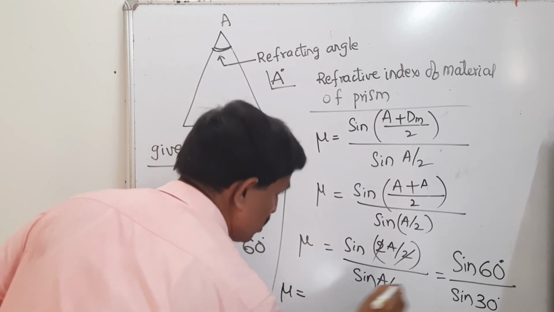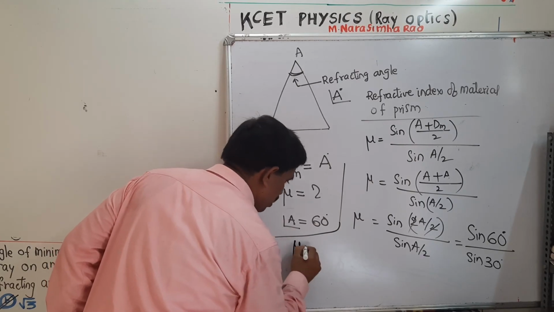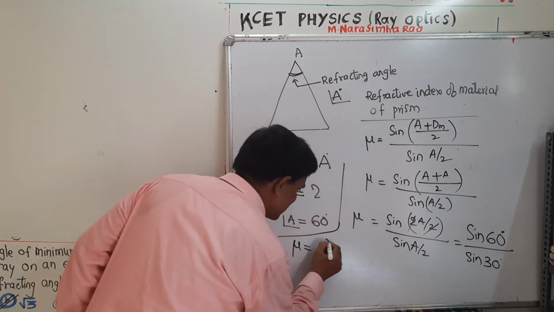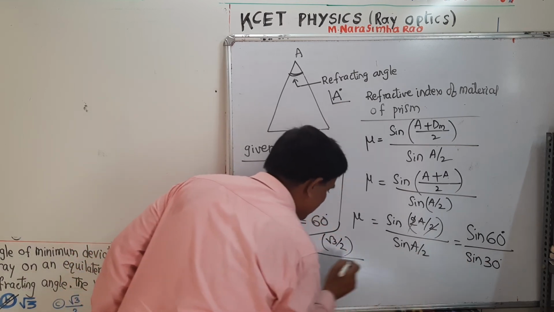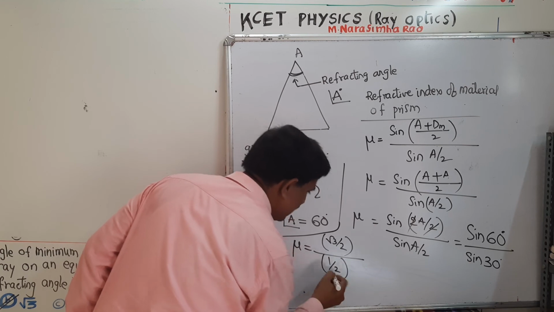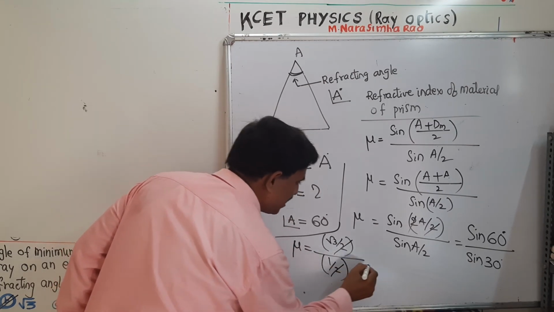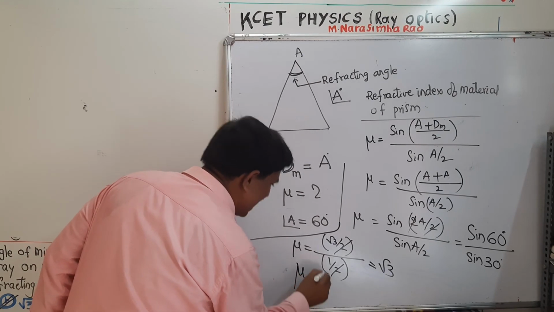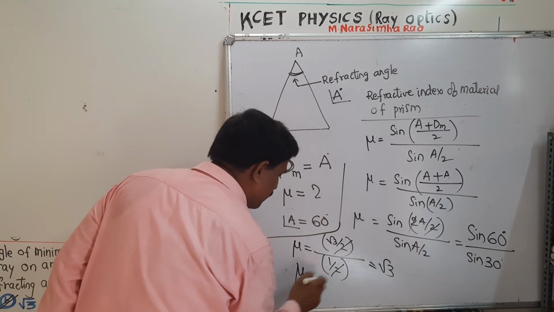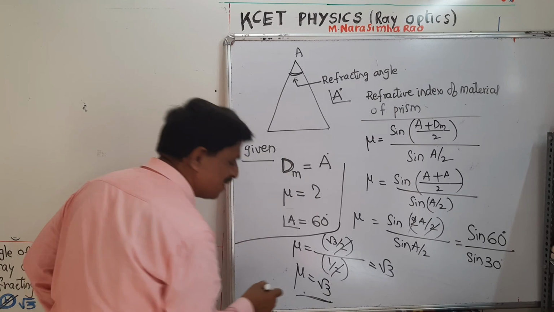Mu is equal to sine 60 degrees, root 3 by 2, divided by sine 30, 1 by 2. The 2 in the denominators cancels, leaving root 3. The refractive index of the material of the prism is root 3.